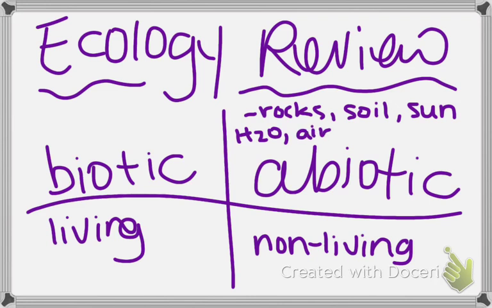You could have air and all the things that make up air, like carbon dioxide, oxygen. What's something else? Weather. You could also put temperature in there, because temperature is part of weather. Precipitation. So those are things, remember, they help support living things, but they themselves are not living.